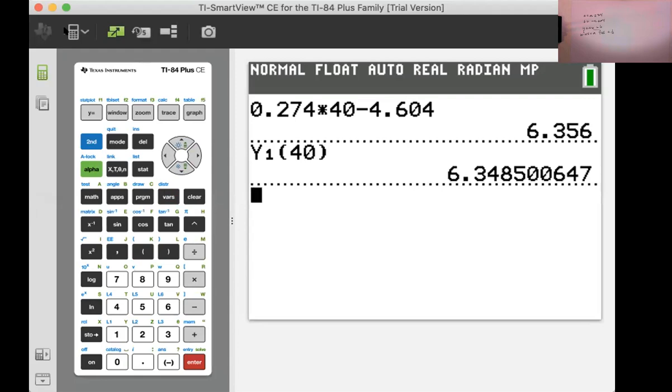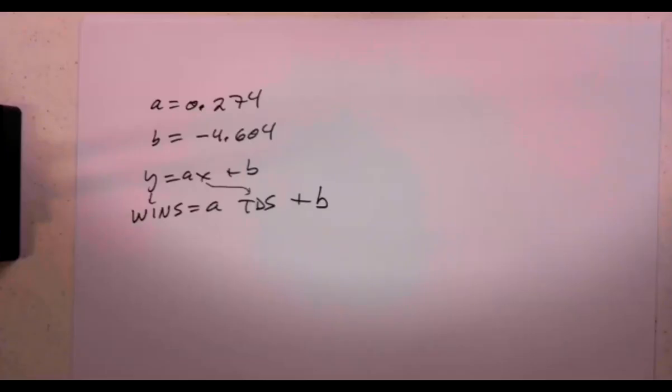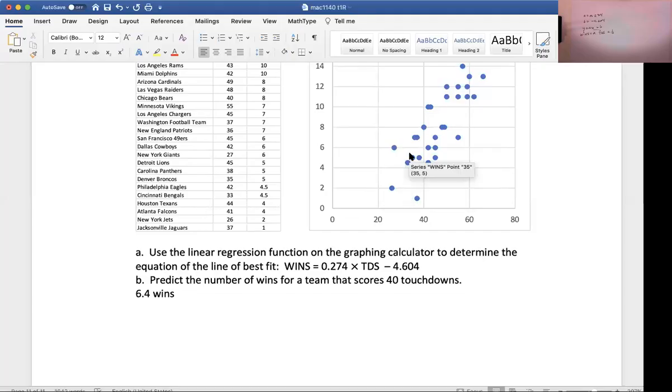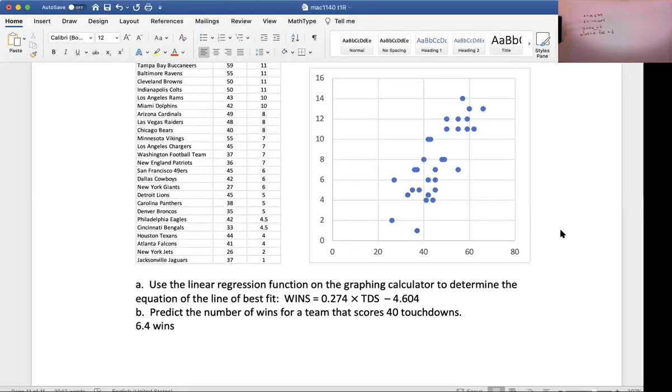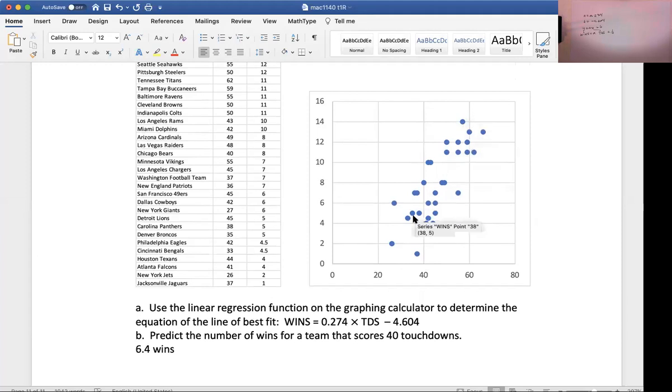So that's the idea. Looking at the scatter plot, you can see that a linear regression is reasonable, that as we move from left to right, the dots do seem to be ascending. Yes, they're in a cloud, so touchdowns don't tell us the whole story. Also, how many touchdowns do you give up?